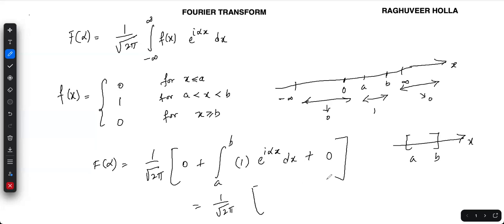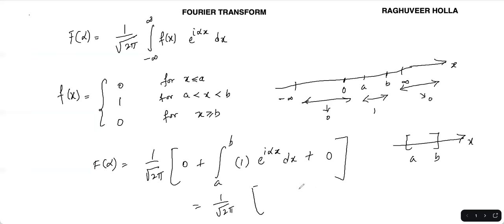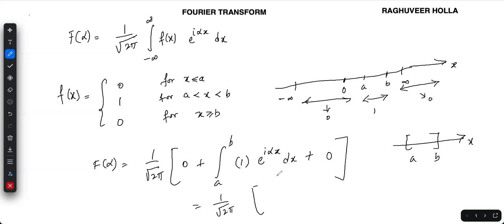The integration of e to the power of mx is e to the power of mx by m. Considering that, integrating e to the power of i alpha x with respect to x gives e to the power of i alpha x by i alpha, from a to b.